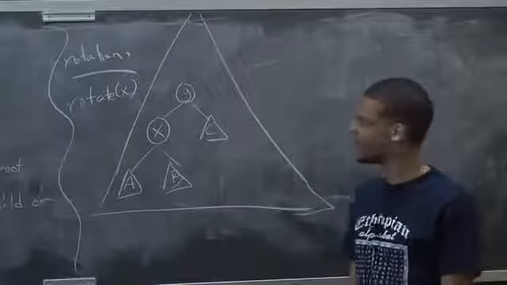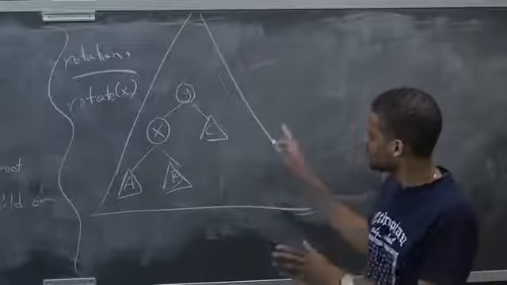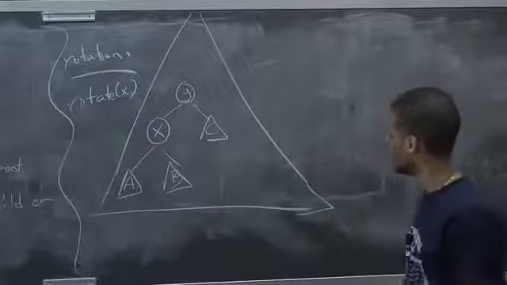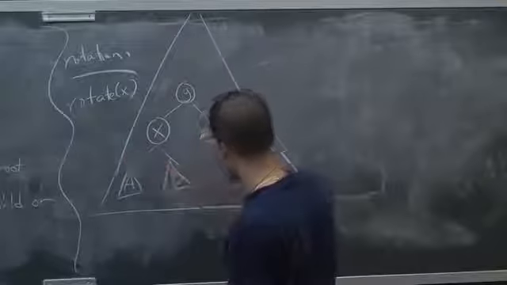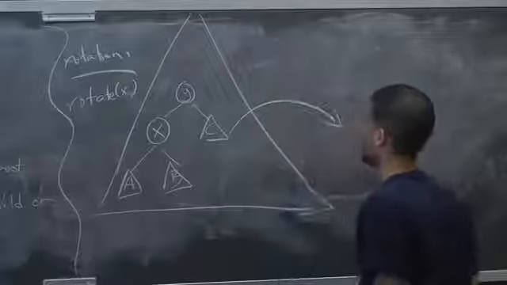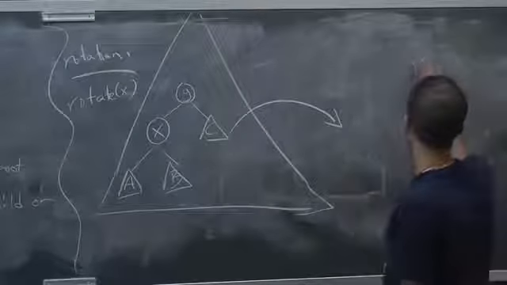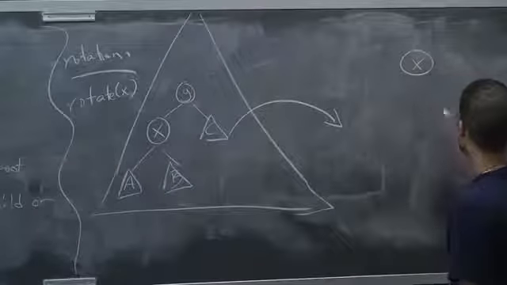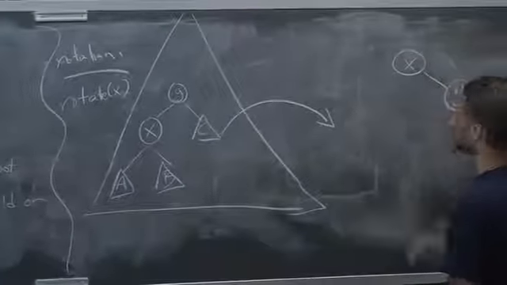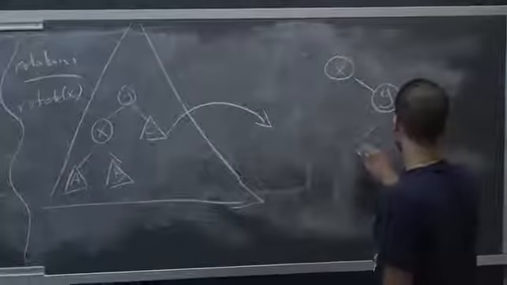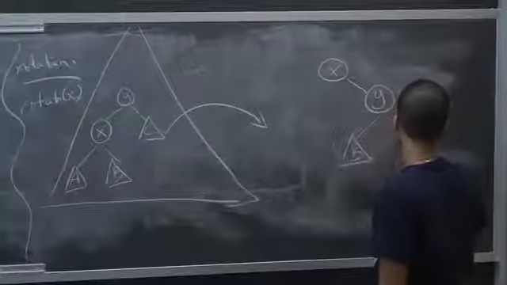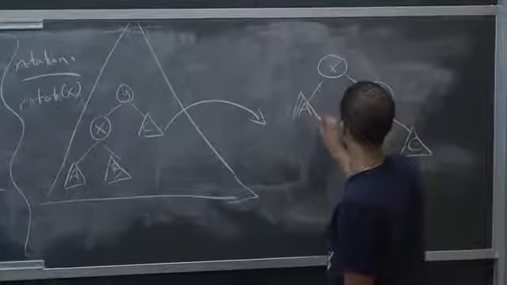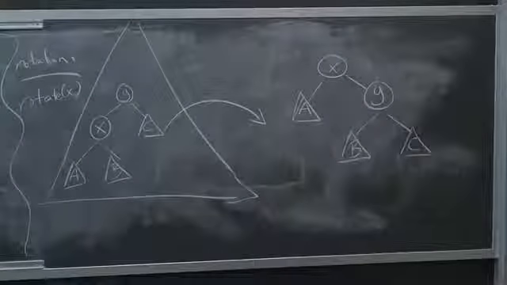And if we do a rotate on X, the rest of the tree stays looking how it was. But this picture turns into X now being the root. Y is now the right child of X. And then B and C now live here, and A lives here. Okay, so that's what I mean by rotation.